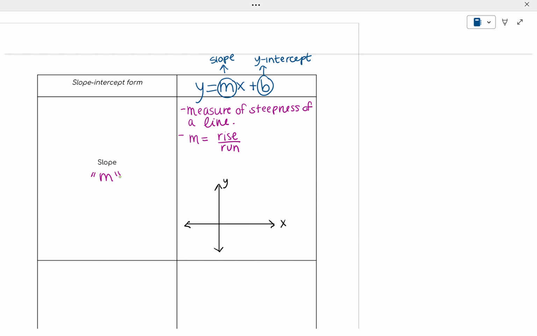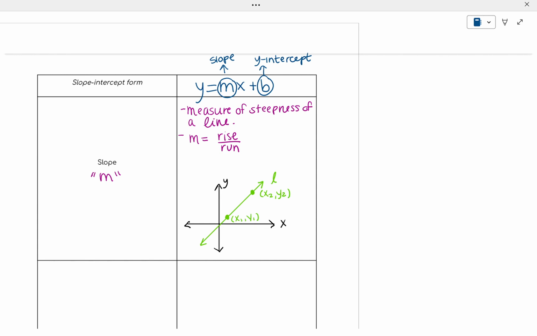So let's plot an arbitrary line, call it L, and let's choose 2 arbitrary points on this line as well. I'll first choose this point and we'll give it coordinates x1, y1. And then we'll choose this point and this will be x2, y2. To find the rise, this is the vertical change.